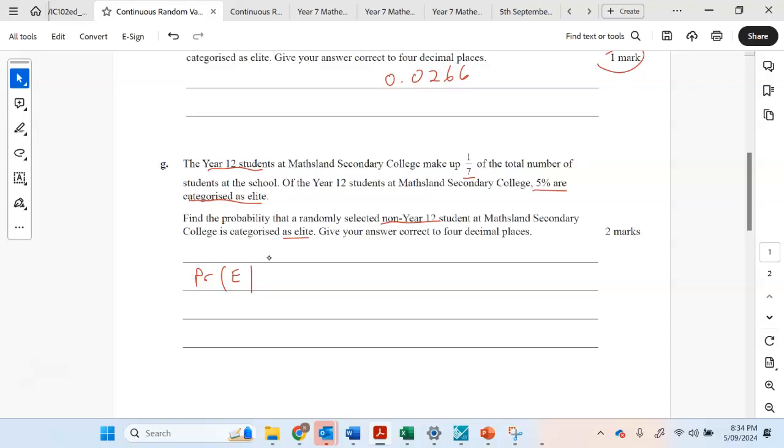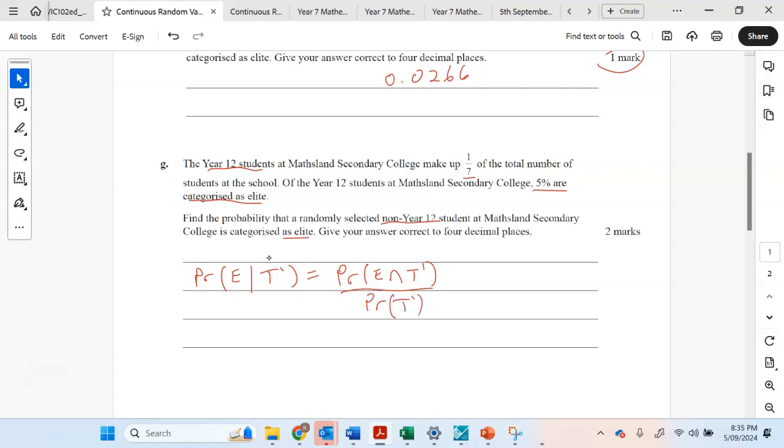So I might do E for elite, obviously, but T for Year 12, so T dash. So that's what we're looking for. And when you think about your conditional probability formula, we want the probability of elite and not Year 12 over the probability of not Year 12.